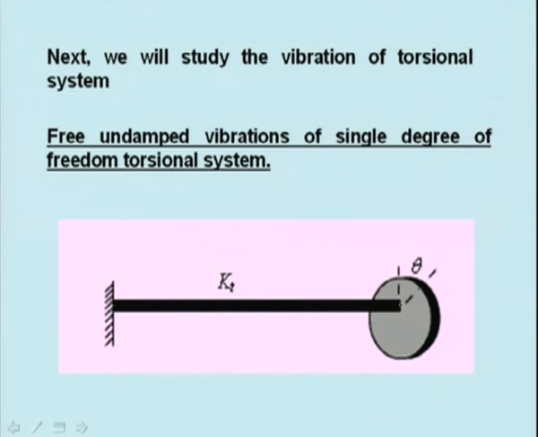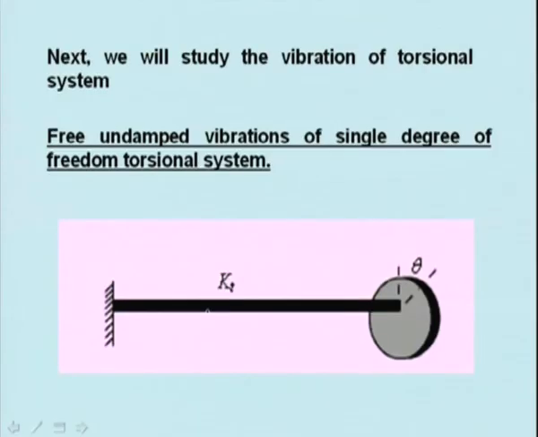That means all the cross sections rotate with respect to each other, therefore a restoring moment is developed, and the expression here is given as kT. That can be measured experimentally also. You give a small angular displacement theta, then see how much torque is developed, and kT will be torque divided by theta.